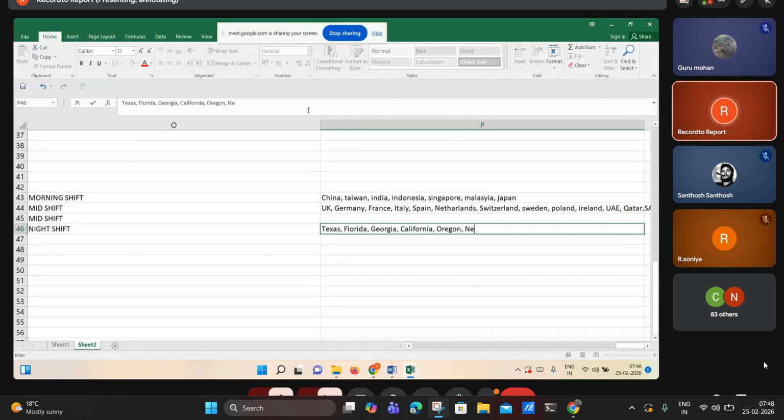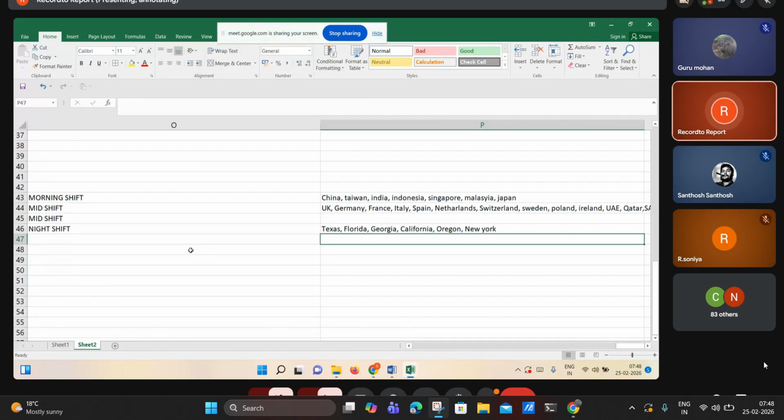So why I'm specifically mentioning this particular point is because in an interview or in real time, you will be asked which shift you are working. Assume you told that you are working night shift. Which country are you supporting? is the next technical question from the manager.